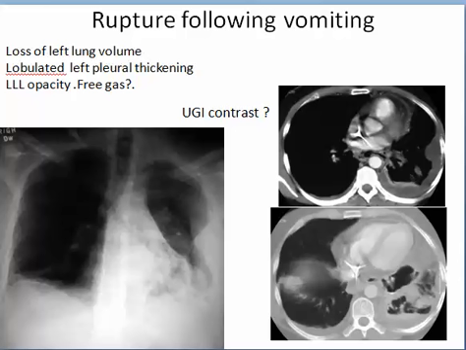Rupture following vomiting, loss of lung volume on the left side, lobulated pleural fluid denoting pleurisy and empyema, left lower lobe opacity, and free gas. So this is the sequela of rupture of the esophagus following vomiting, Boerhaave's syndrome.